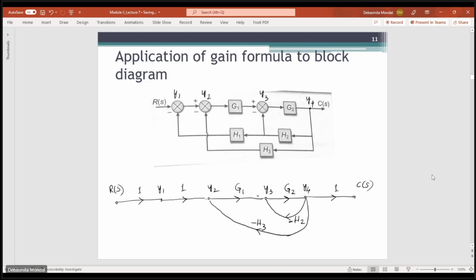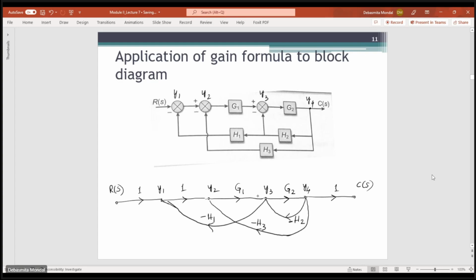And this H1 is connected between Y3 and Y1, so between Y3 and Y1 you will have minus H1. So this is your overall signal flow graph from this block diagram.